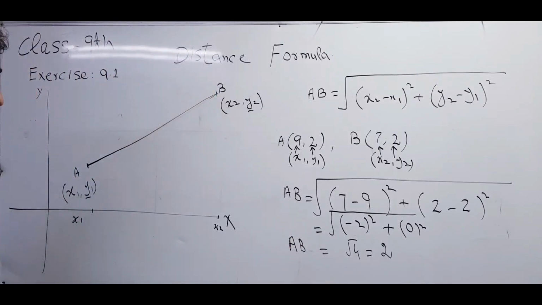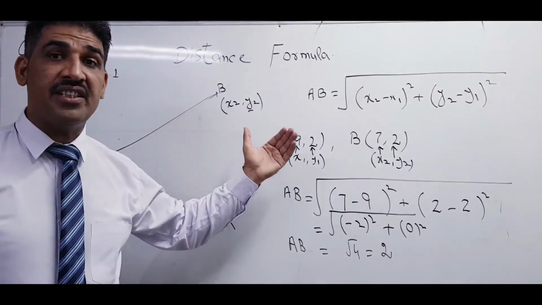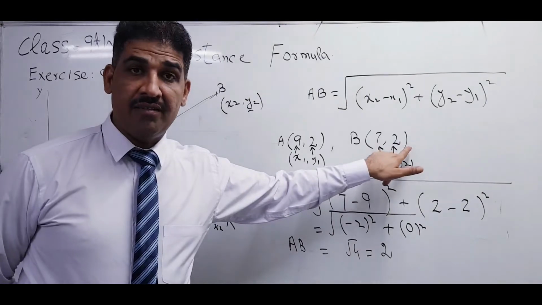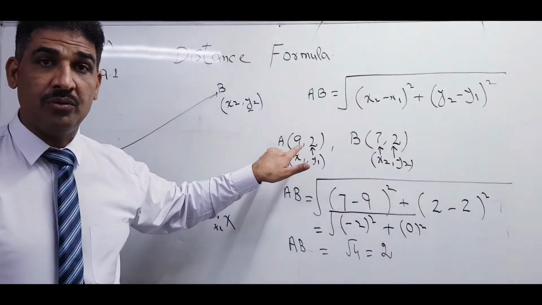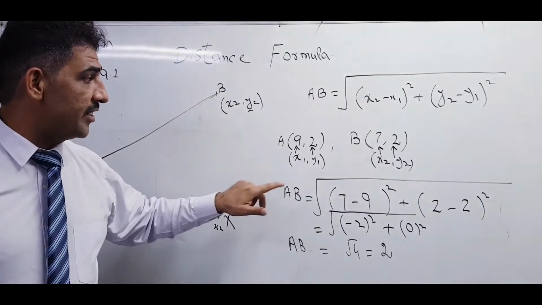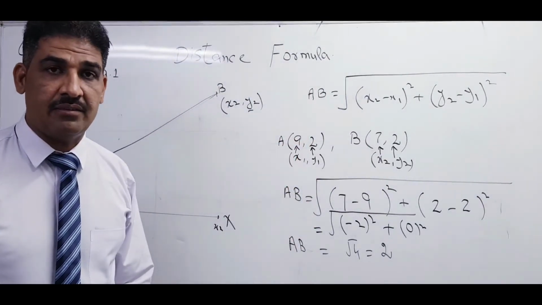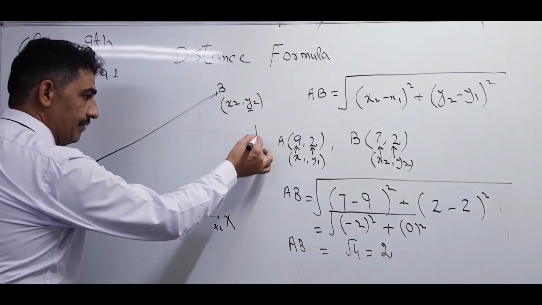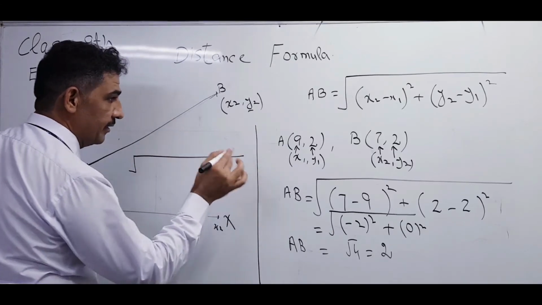Again, if we assume that, because the question can come as BC or CA like that, if we assume this is x1, y1, then what will happen? If we assume this is x1, y1 and this is x2, y2, because it is not compulsory that you always take this as x1, y1, there is no change in the answer. I will prove that. I will solve it here like this.